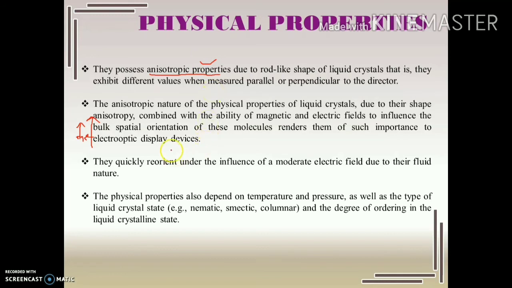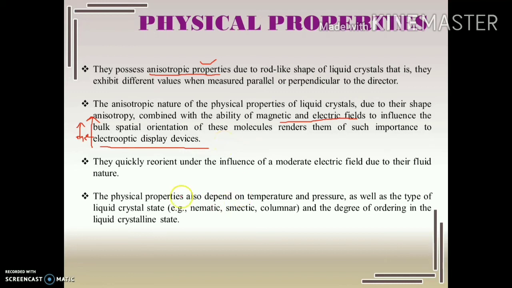The anisotropic nature of the physical properties of liquid crystals, due to the shape anisotropy combined with the ability of magnetic and electric fields to influence the bulk orientation of these molecules, renders them of much importance. It is under the influence of the magnetic and electric fields that the orientation of the molecule changes, which is important for the electro-optic display devices and optical devices that we use nowadays.